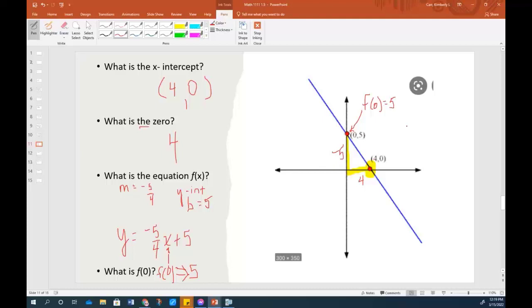So f of 0 is equal to 5. But on this other one, 4 is a zero, since f of 4 equals 0. It's just new terminology, but you've got to slow down and get it straight, okay, as to how you're going to remember it.